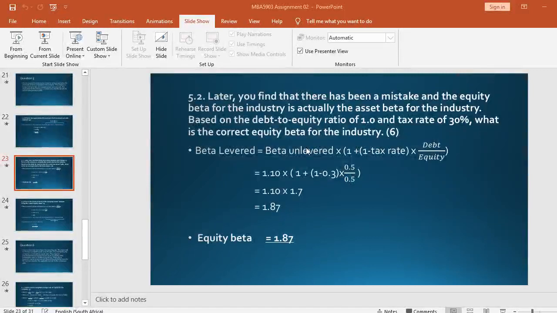What is your new cost of equity? The other variables remain the same, but what has only changed is your equity beta. So can we try and do it separately? Calculate the new cost of equity using the new equity beta of 1.87.